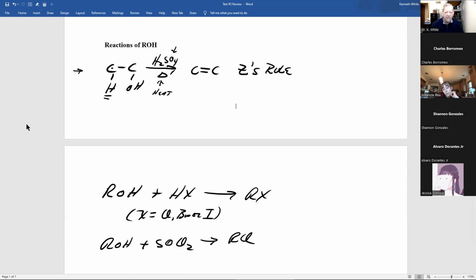And you get a double bond, and it follows Zaitsev's rule, another great Russian organic chemist. You get the alkene, the double bond, with the most carbon atoms directly bonded to the carbons of the double bond.